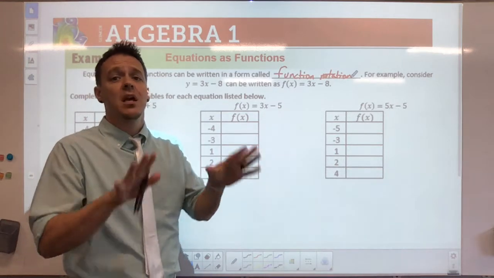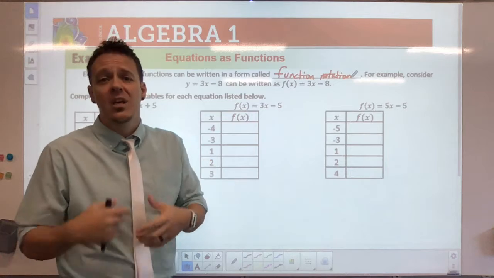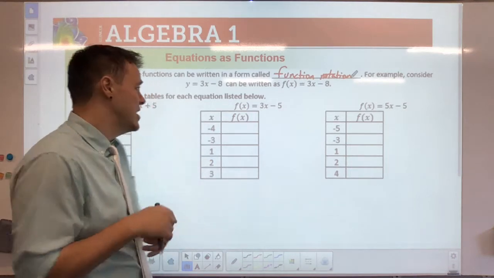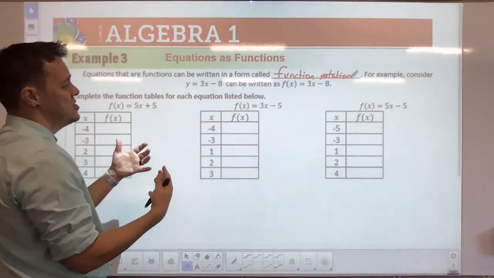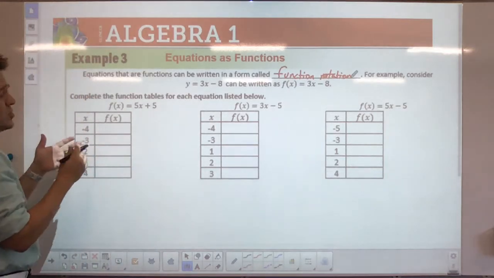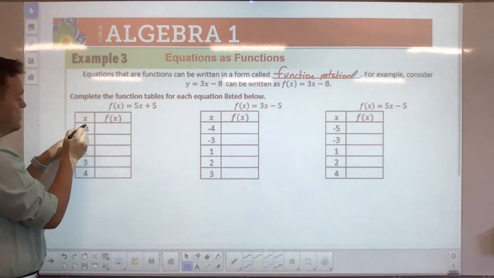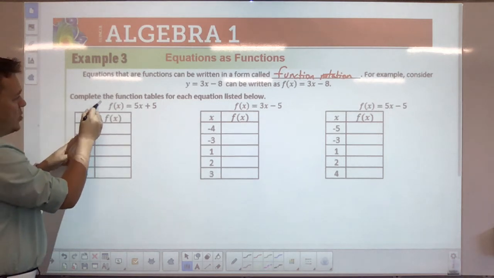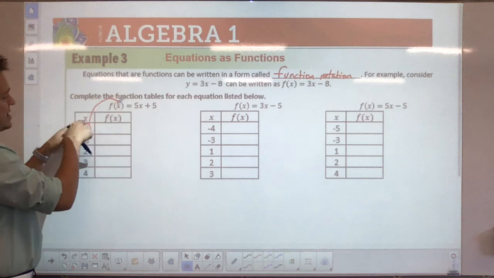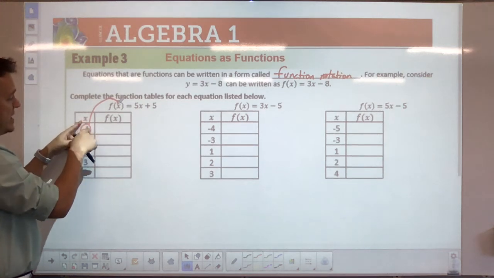All right, it's the same thing, but what we do in math is we change it. The reason we change it is so that you guys kind of get an understanding of how function notation works. This -4 right here can be put into the equation. So what they're doing is they're saying this x needs to be -4.